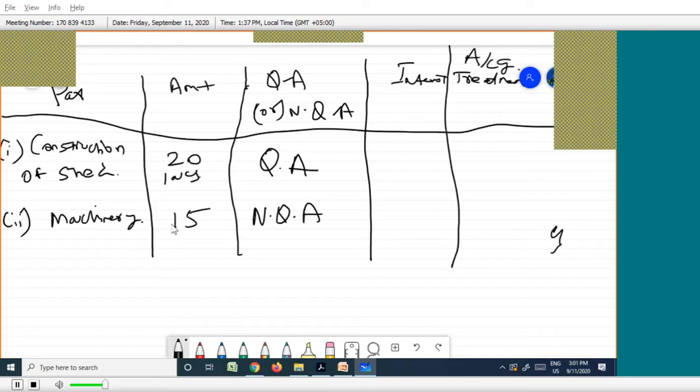You have to write it fully, qualifying or not qualifying, the full thing. If you put NQA in the exam, the valuer will not know that. Write it in full, okay? Interest we will work out later.